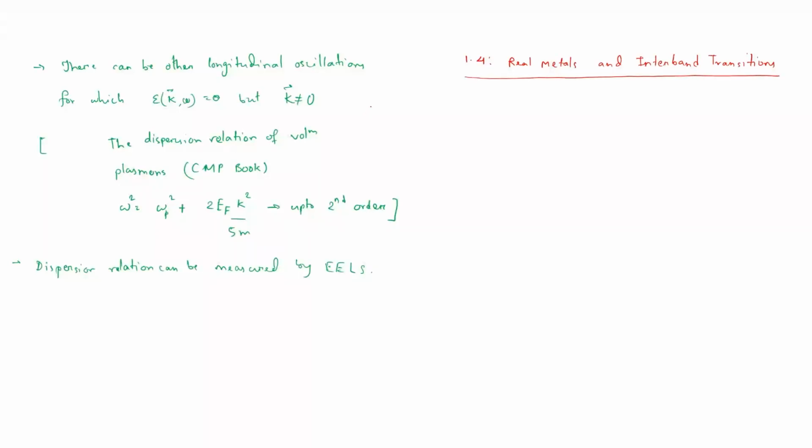So the Drude model can accurately describe the optical response of metals only for photon energies that are below these transitions between the electronic bands. So that is the first point to note for the Drude model. Just note it down.